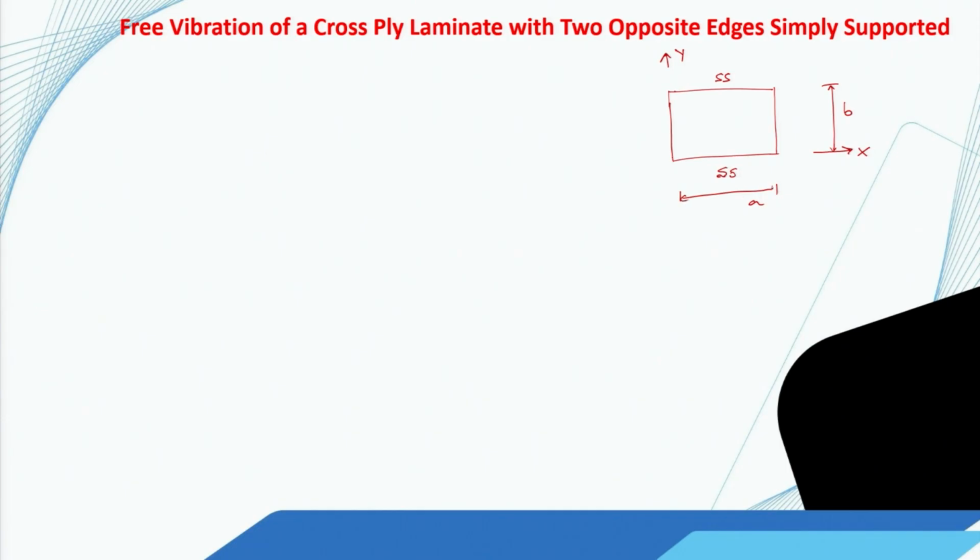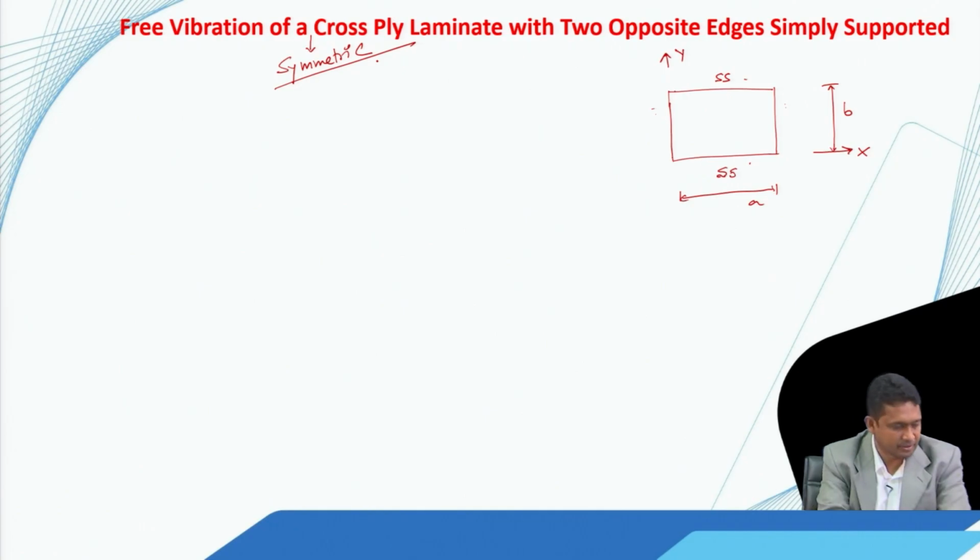So these two edges are simply supported, and these two edges can have any other type of support. They can be clamped, they can be free, they can be fixed free, and they can be simply supported also. And this is symmetric cross ply laminate. So we will do Levy type solution for this.